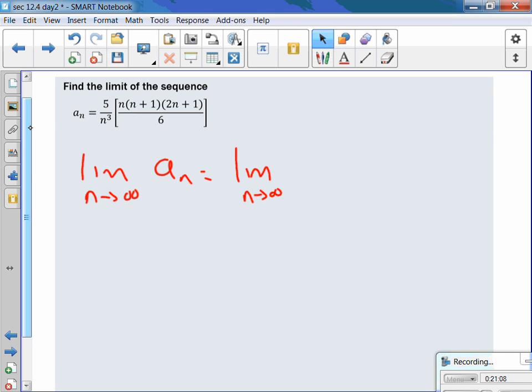Do I know the powers? Do I know what's in my denominator? What degree polynomial do I have there? It's the third degree, 6 times n to the third power, right? I have a third degree polynomial. Do I know what degree I have in the numerator?